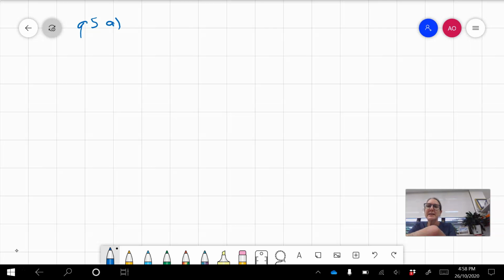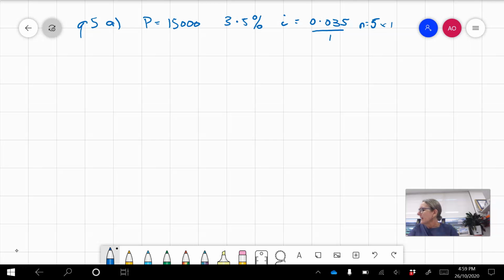Ethan placed a principal of $15,000 into an account that was returning 3.5%, compounding annually, so the little i is equal to 0.035 divided by 1, the 1 being annually, and he's doing that for 5 years, so the n is equal to 5 times 1.